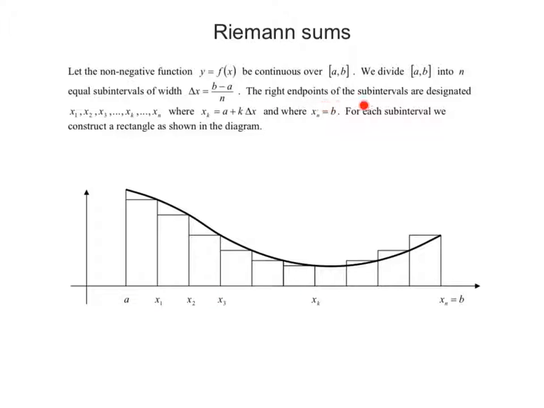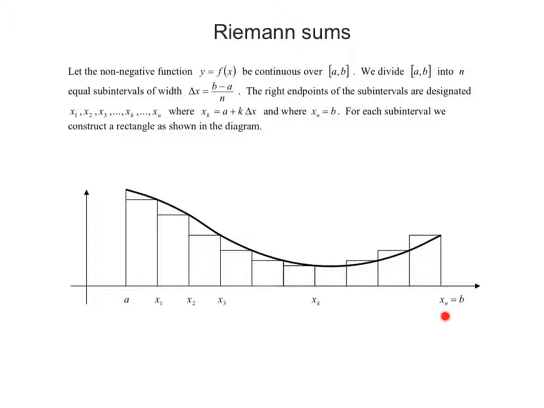The right endpoints of the subintervals are designated x sub 1, x sub 2, x sub 3, dot dot dot, x sub k, dot dot dot, up to x sub n. So obviously you can keep going until you get to however many rectangles you wanted.